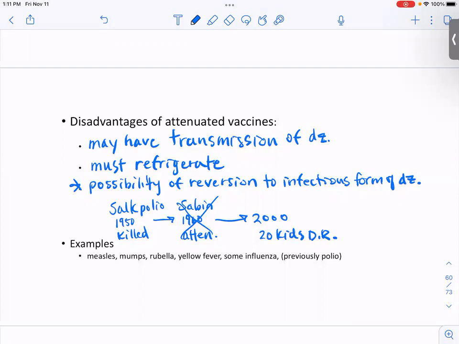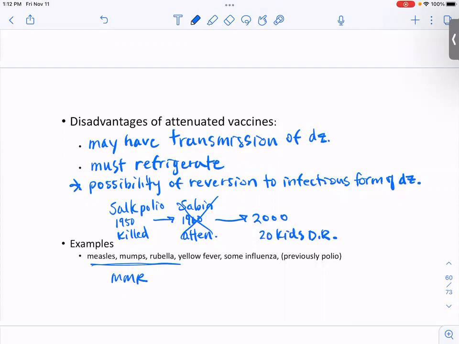So some examples of attenuated vaccines: the measles, mumps, rubella, that MMR vaccine. We have had other kinds of measles vaccines that didn't protect well enough, so we have to give that in attenuated form. Some of the influenza, we have lots of different kinds of influenza vaccine.